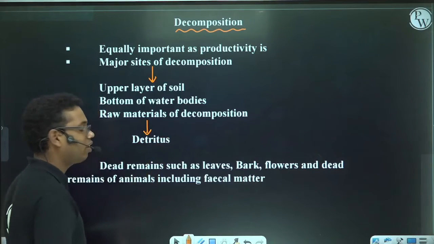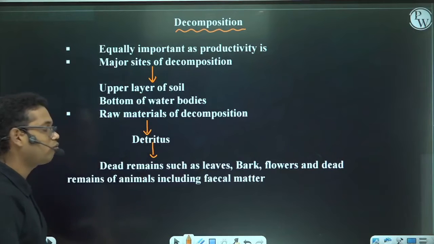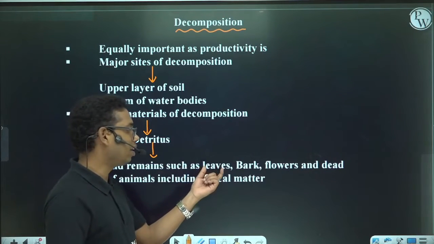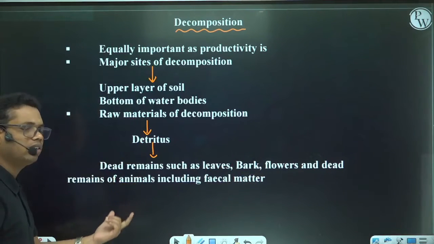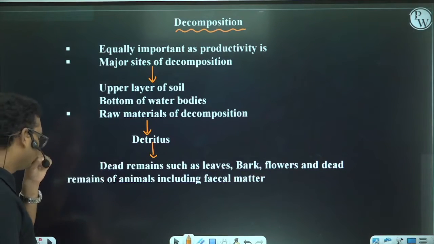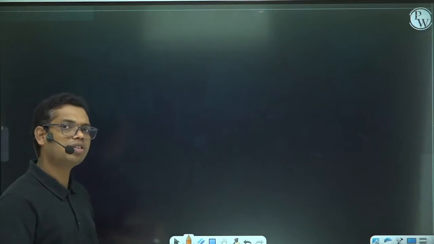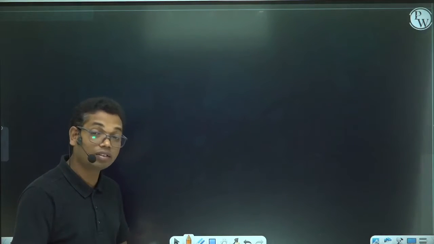What do you mean by detritus? Detritus is basically dead remains of organic matter. Examples are dead leaves, bark, flowers, or dead remains of animals, human excreta, etc. Decomposition is done by decomposers and other organisms also.